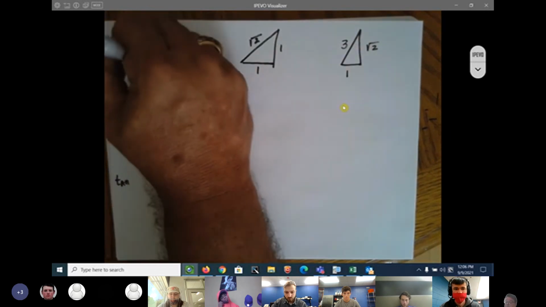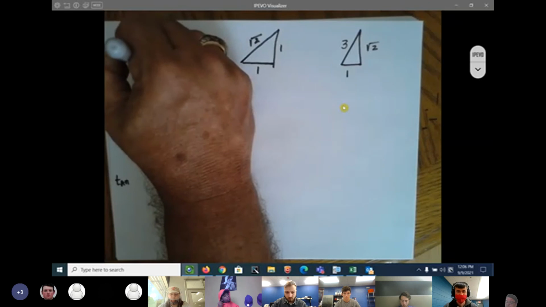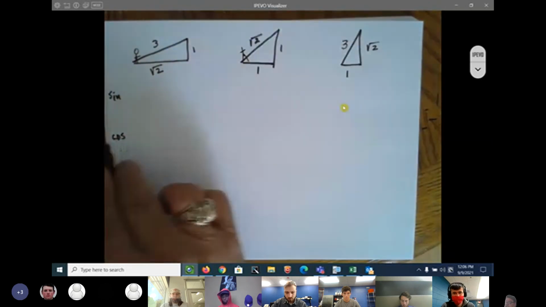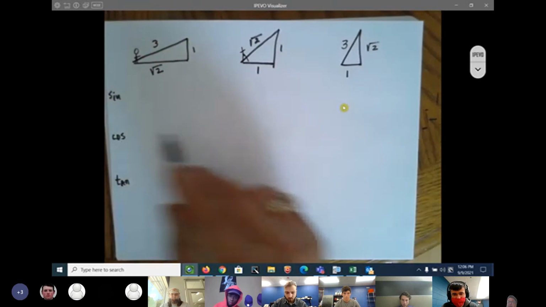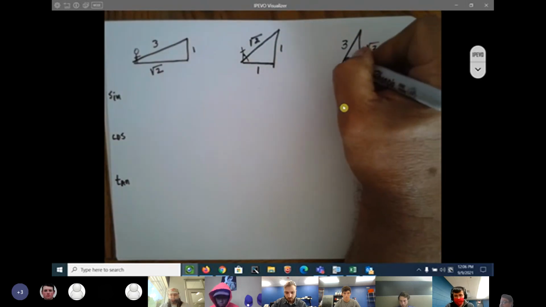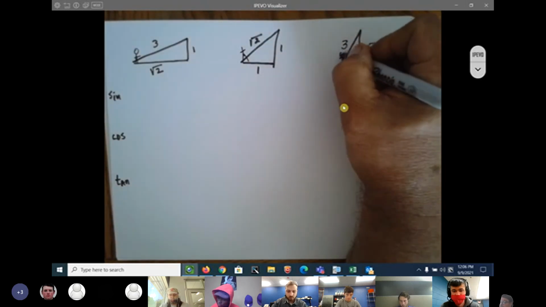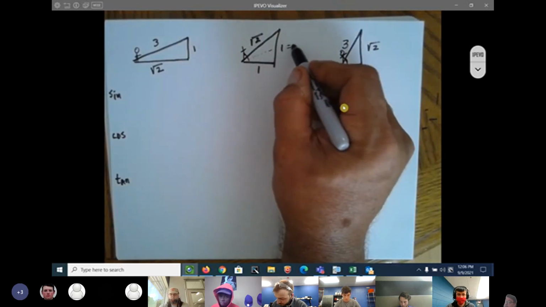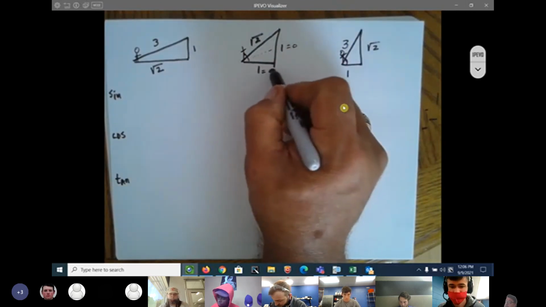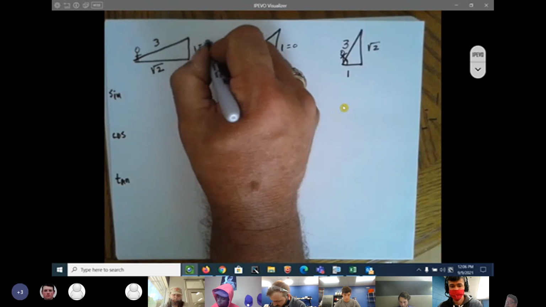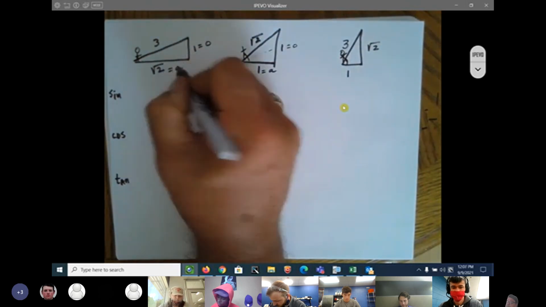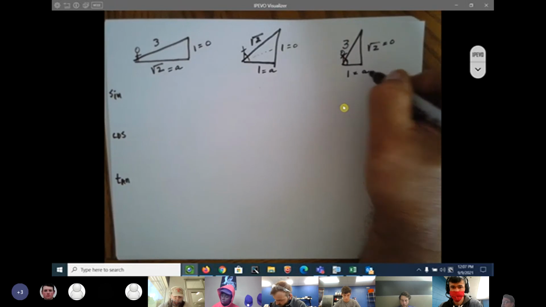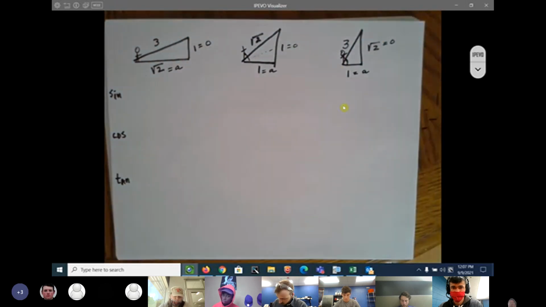Now you just put your little man right here. And I want y'all to fill out this chart for the special angles. Go ahead and do that.